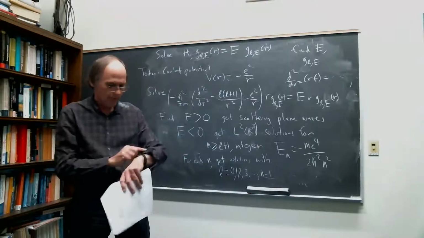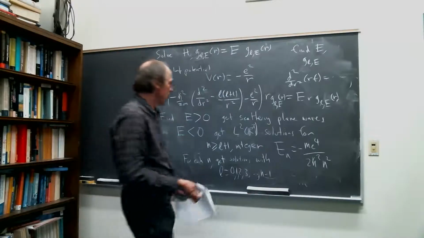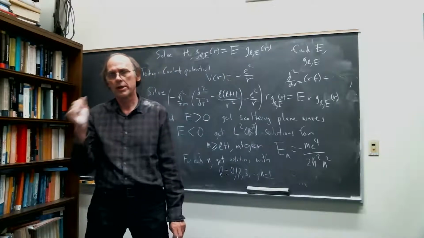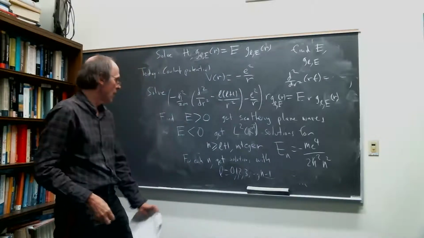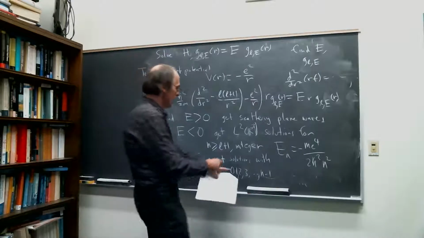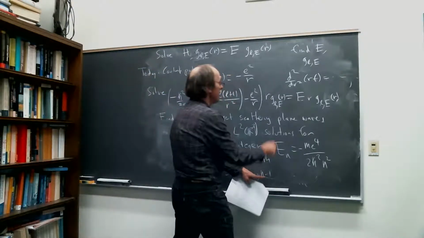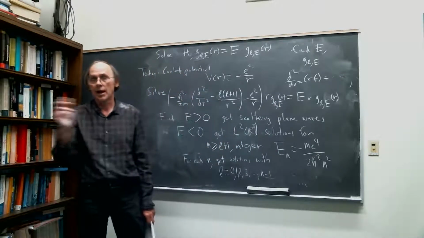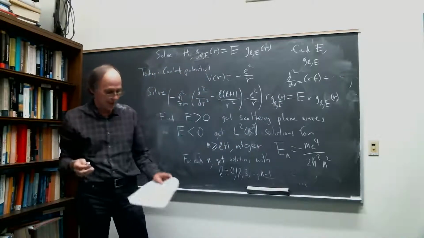Okay, and then let me not say more about this, so I can get on to the next thing. In my notes or in any textbook, you can go and look at, for each n, what the GLNs look like, and you can write these things out.